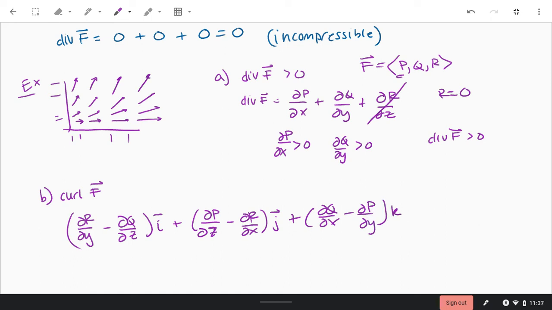All right. Now, first of all, R is 0, so that would be 0, and that would be 0. Okay. Now, the next thing is, Q tells you your Y component. P tells you your X, okay? The fact that R is 0 tells us it doesn't matter where we are in the Z direction.